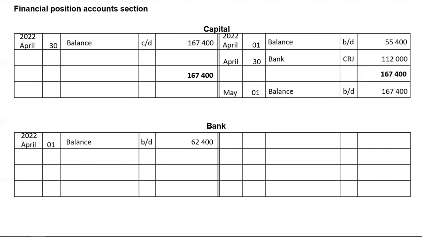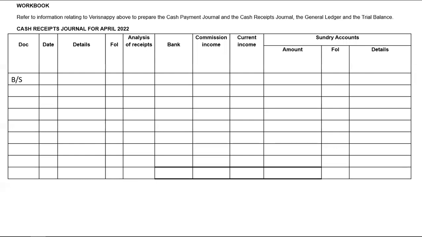On the 31st, we will post total receipts to the debit side of your bank account. Your total receipt is simply the total of your bank account in the cash receipts journal. I will quickly go to the cash receipts journal and just show you what I'm talking about. So in the cash receipts journal, this is what we will have.